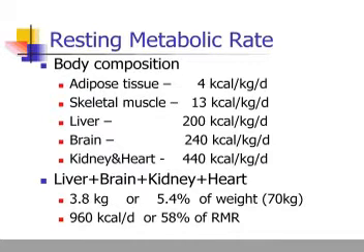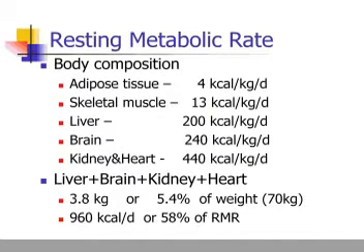The components of resting metabolic rate, as we measure it in the human: basically you measure the oxygen consumed by the whole body. But I want to remind you that every tissue does not consume the same amount of oxygen per unit weight. Adipose tissue is fairly energetically inert, only about 4 calories per kilogram of weight across a day.